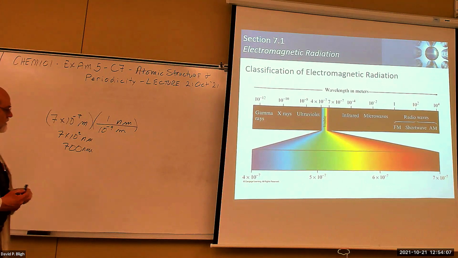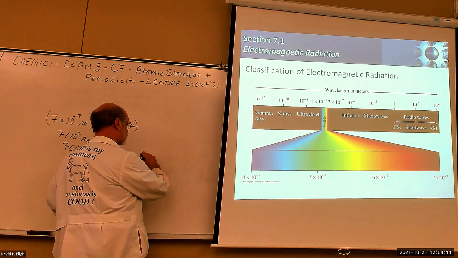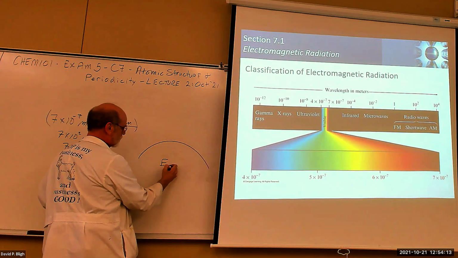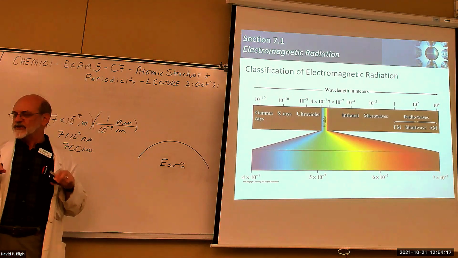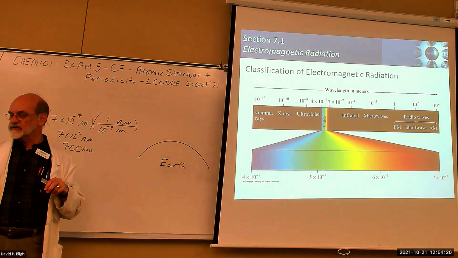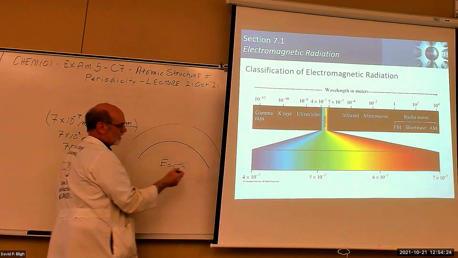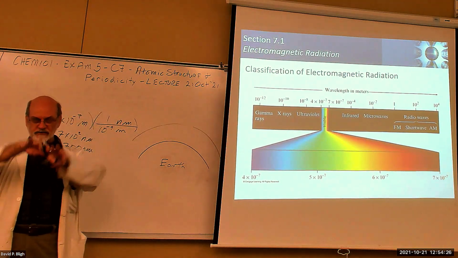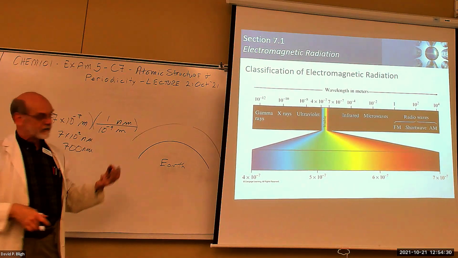So what it does is the shortwave radio in particular, here's the Earth, and radiation from the sun and particles from the sun strike the Earth's atmosphere, and our magnetic field directs them around us so that we don't get bombarded with stuff.